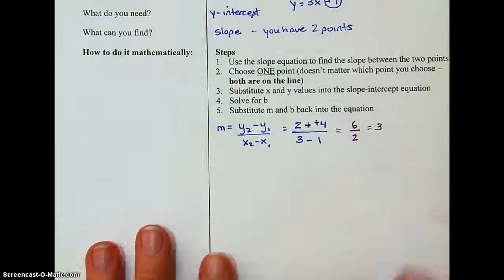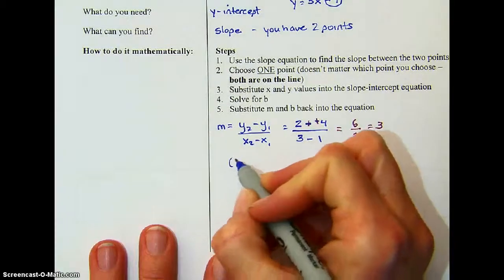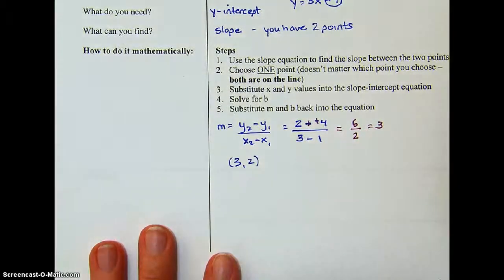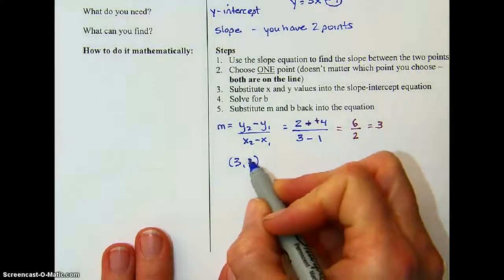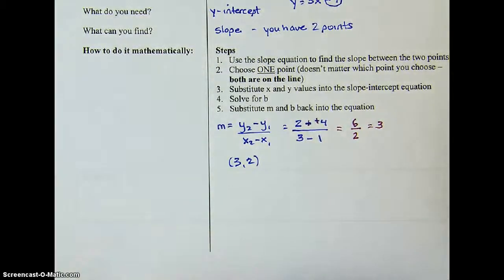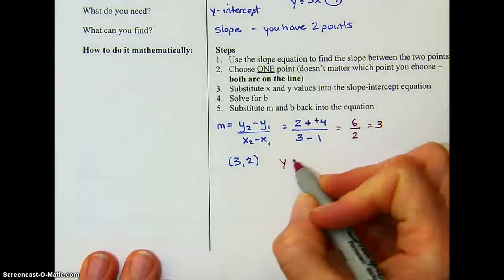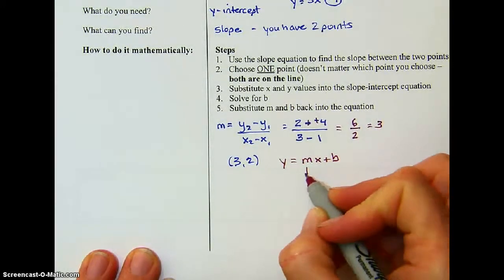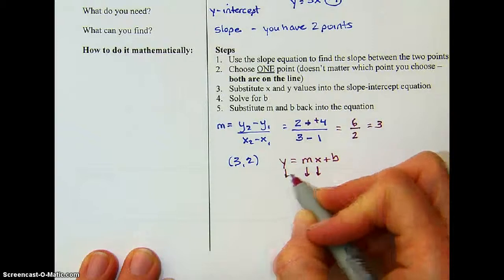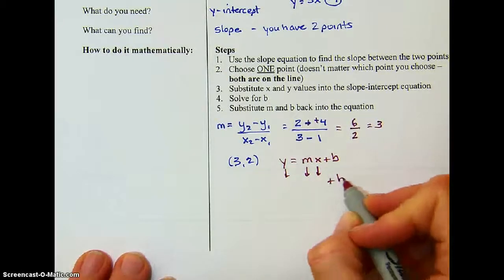Alright, so I'm going to choose point (3, 2), and the reason why I'm choosing that is because there's no negatives, and I don't want to have to deal with that, and I might make a mistake with my negatives because I sometimes tend to do that. So we're going to do just like we did yesterday. We're going to take the equation of the line, y equals mx plus b, and we're going to substitute in the stuff that we have to find the stuff that we don't have.